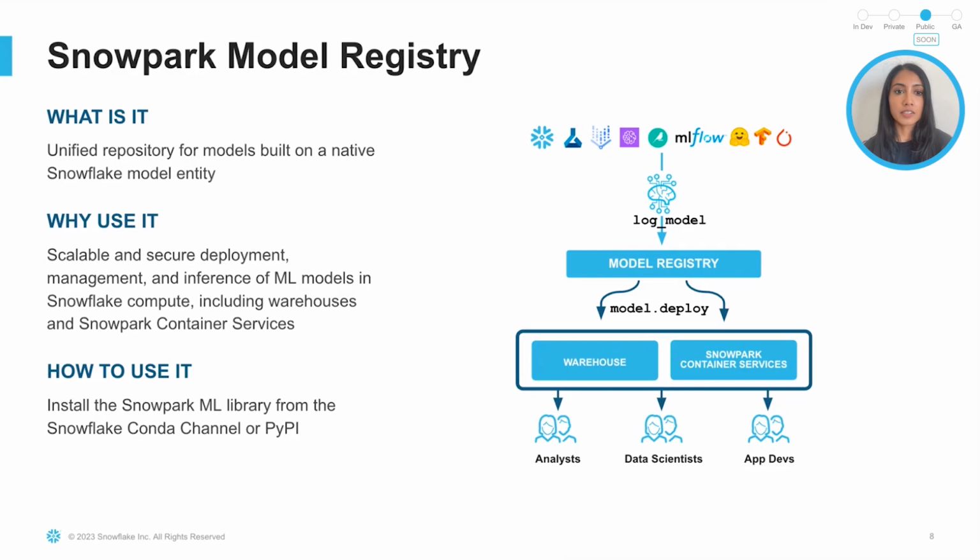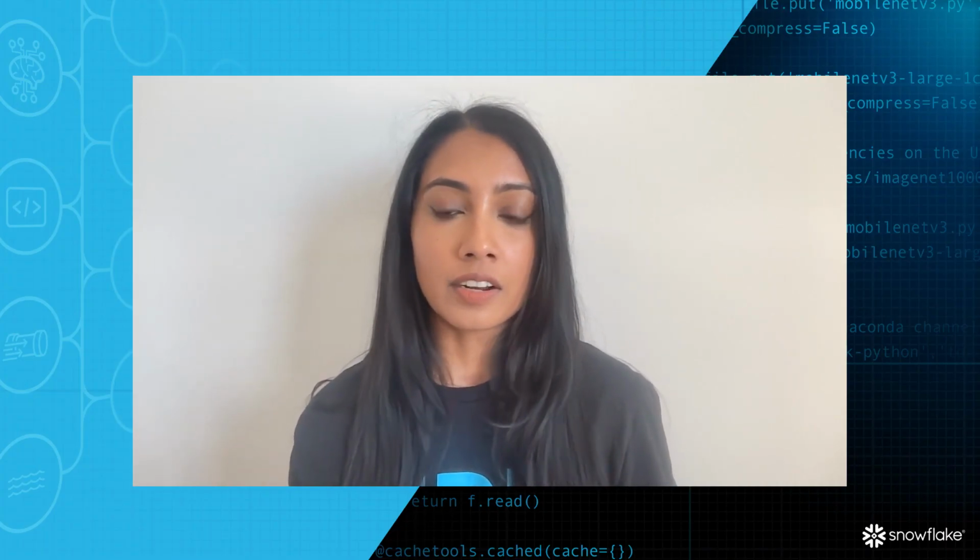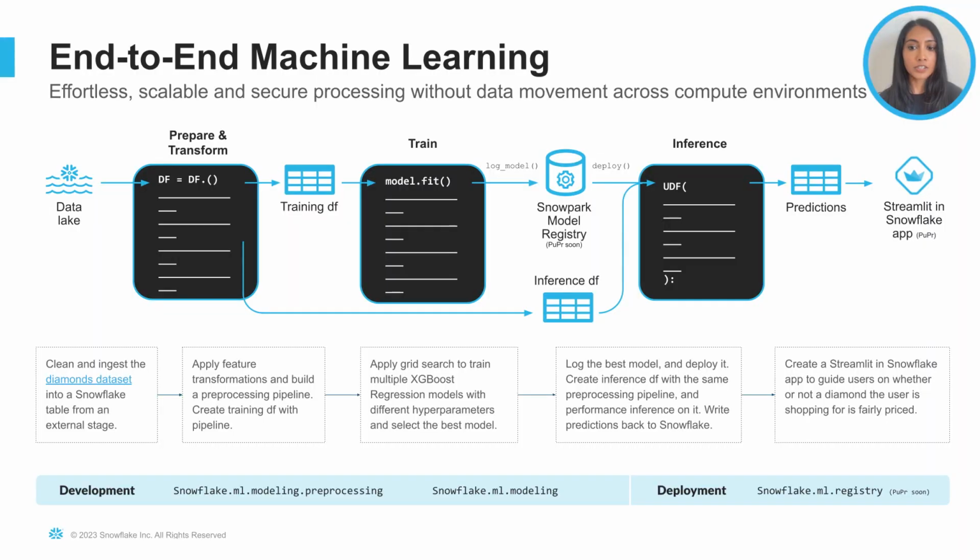In order to demonstrate these capabilities, I'll walk through a scenario to predict the price of diamonds given different qualitative and quantitative attributes. I'll show you how to build an end-to-end XGBoost model using Snowpark ML. First, we'll clean and ingest the diamonds dataset into a Snowflake table from an external stage. Second, we will apply feature transformations and build a pre-processing pipeline. Then we'll create a training data frame with this pipeline.